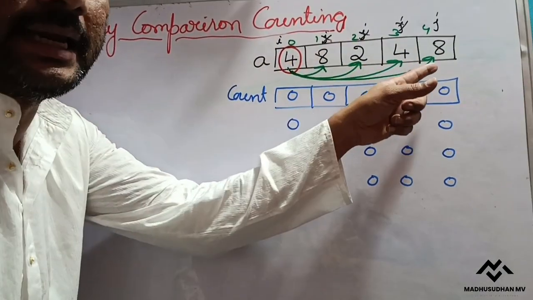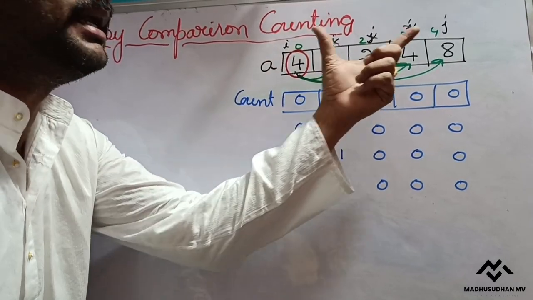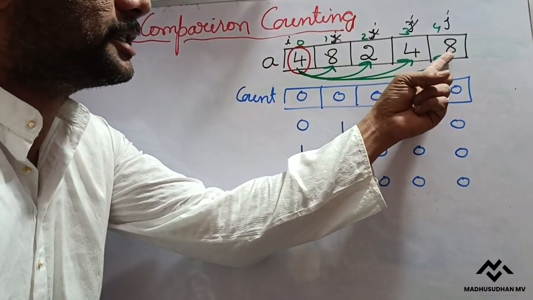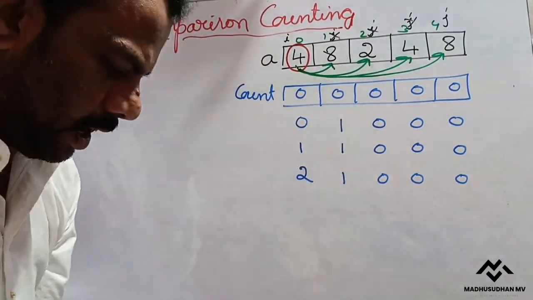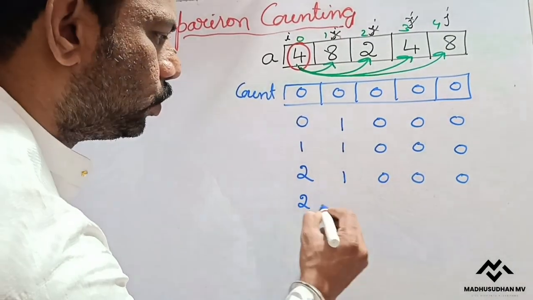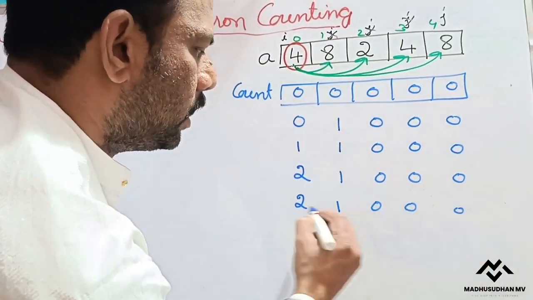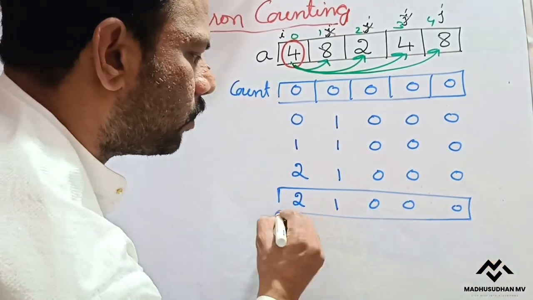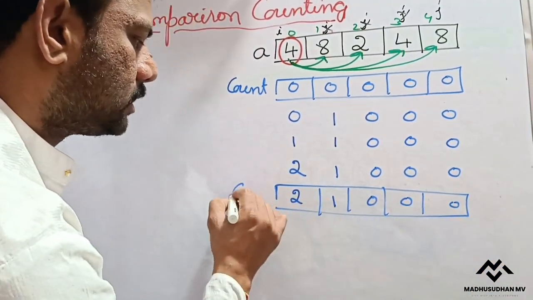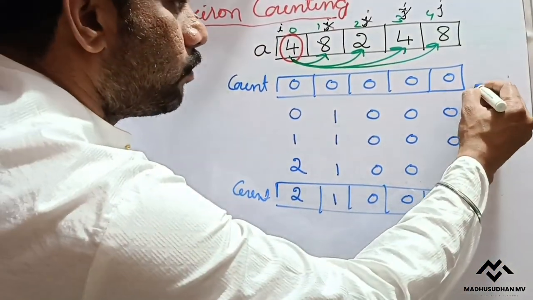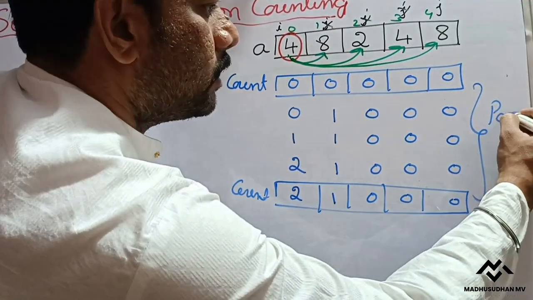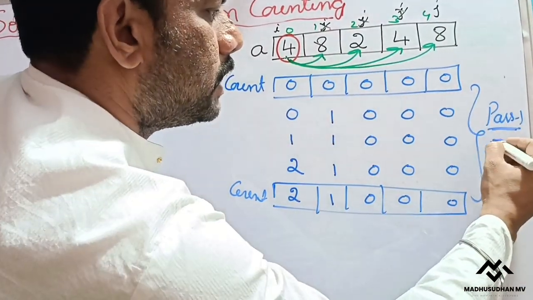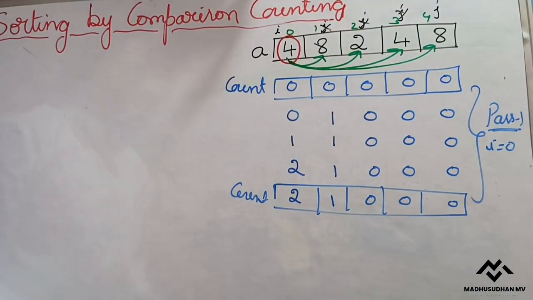Is 4 less than 8? Yes, 8 is greater, so I increment its count. The 8 count is right now 0, so incrementing gives 2, 1, 0, 0, 1. This is my count after pass 1, that is when i is equal to 0.